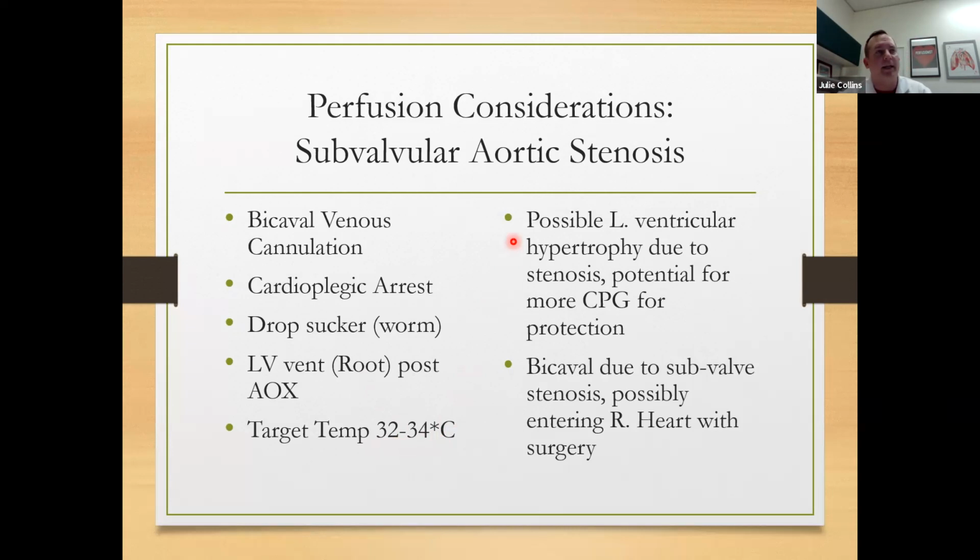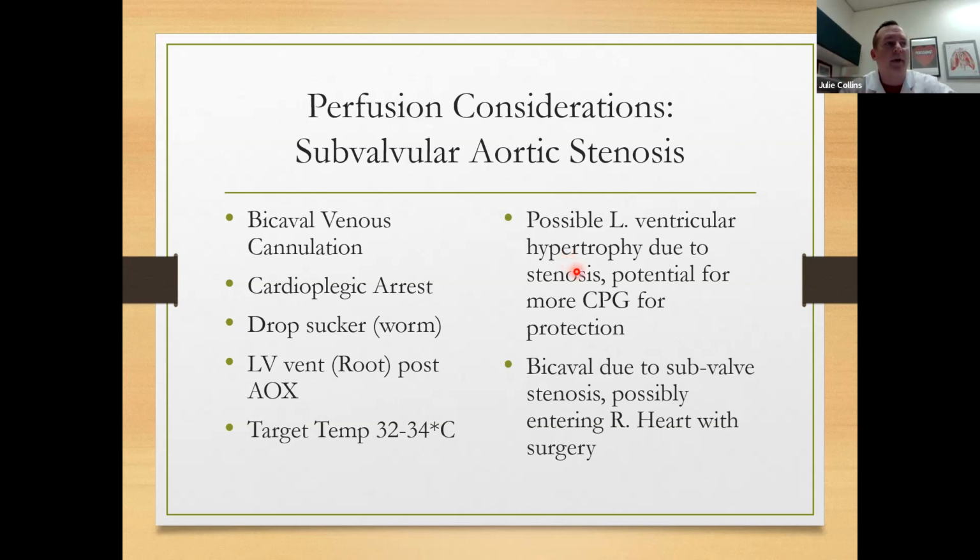Just know any case that has congenital aortic stenosis, whether it's valvular stenosis, subvalvular stenosis, or supravalvular stenosis, you may have left ventricular hypertrophy. Okay, because you have that ventricle that's been pumping against a high afterload, and chronically pumping against a high afterload, you're going to get a hypertrophied ventricle.